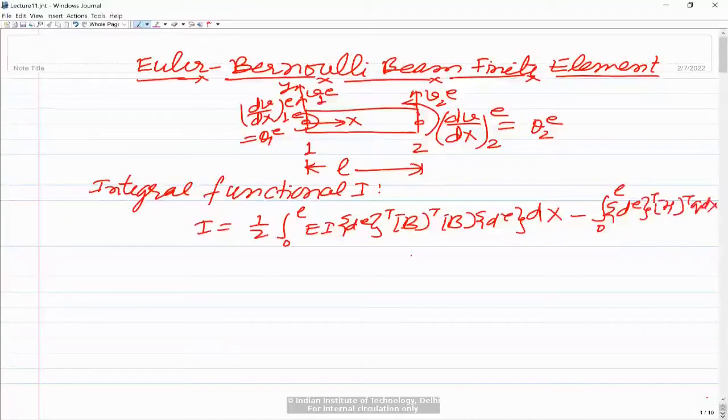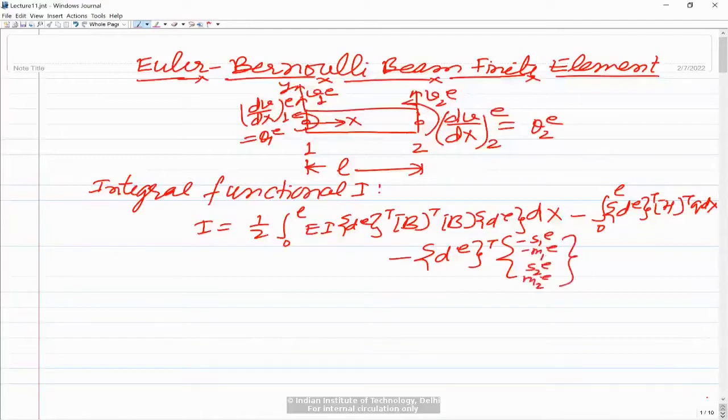Then we had the internal force term, d transpose into minus s1e, minus m1e, s2e and m2e. We denote this vector as the internal load vector, f internal e.